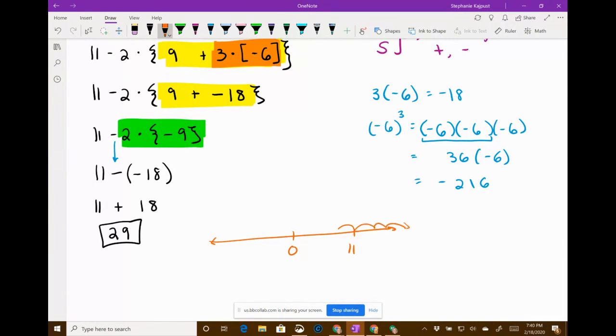Because subtracting a positive number moves to the left, subtracting a negative means you go to the right instead. So we're counting up to the right by 18, and that will eventually get you to 29. Okay, I'll have to Google that, try to work that out again. Thank you.